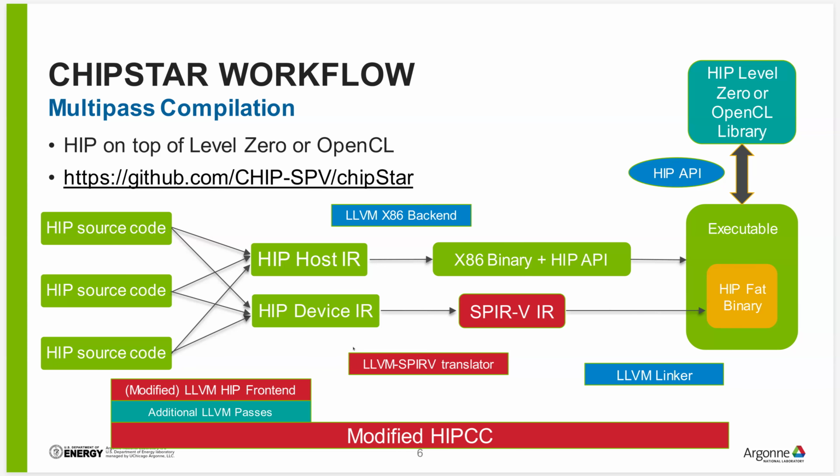We're keeping the multipass compilation, of course, but the idea is to have the library built on top of Level 0 and OpenCL, to replace the AMD IR by SPIR-V, which is a Khronos standard for heterogeneous intermediate representation of kernel code, and integrate ourselves into a modified HIPCC, which will still leverage the LLVM Clang infrastructure, but with a slightly modified HIP frontend that has been upstreamed.